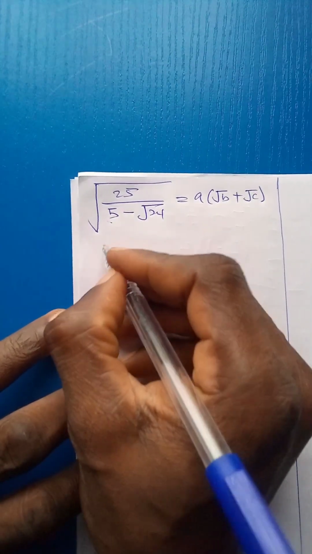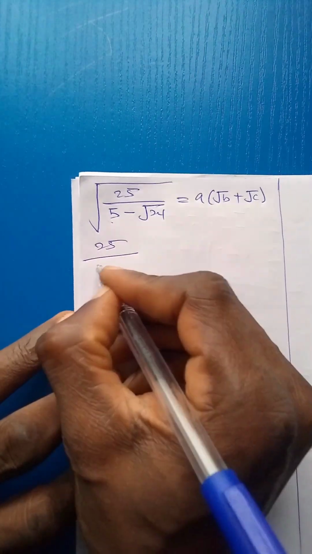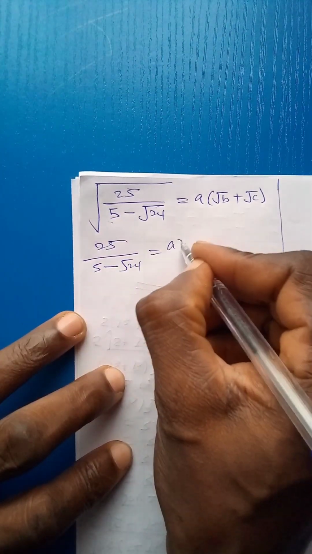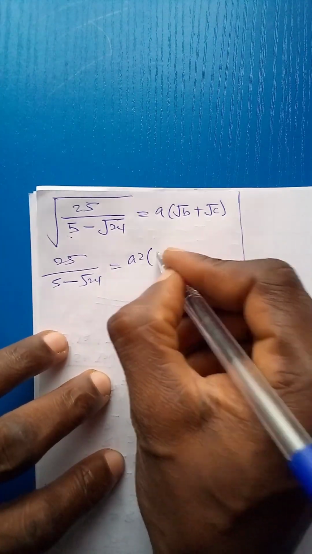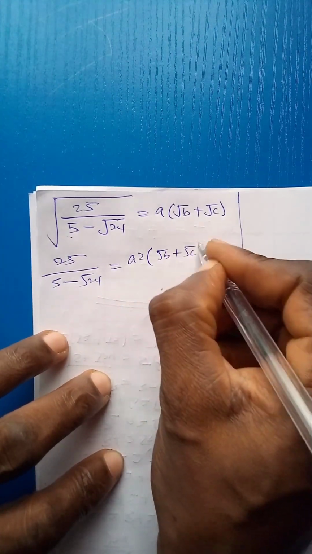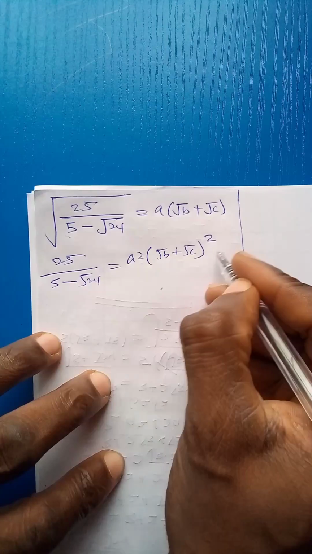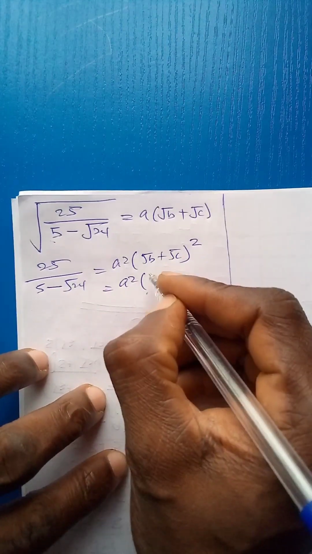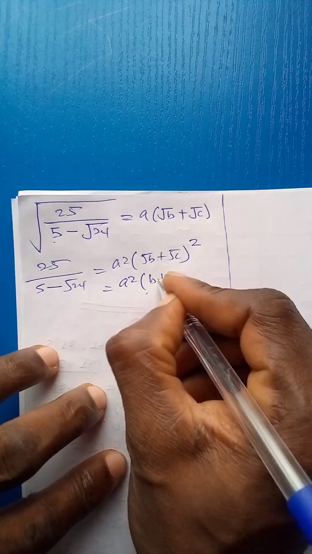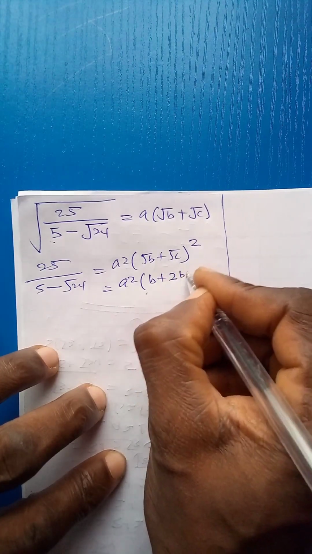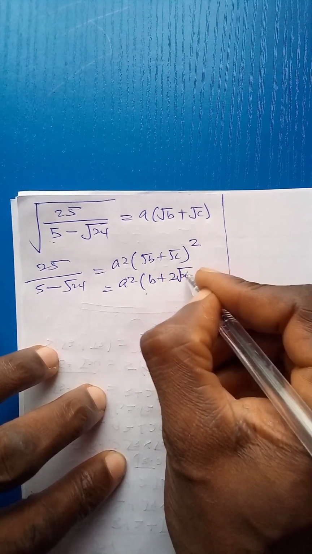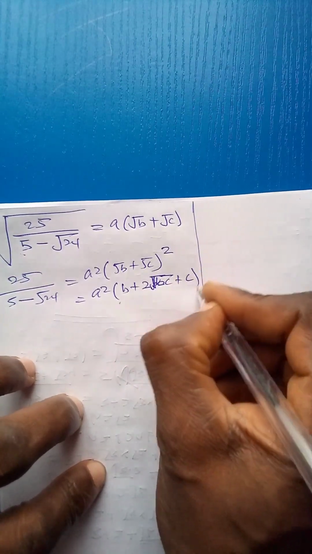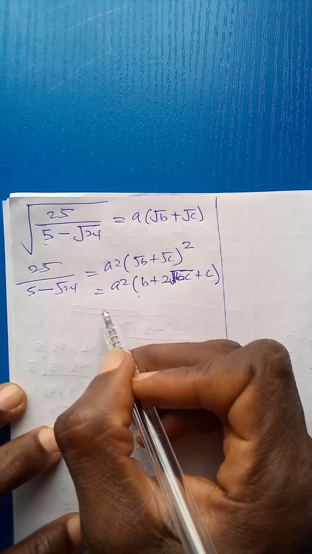If I square both sides, I have 25 all over 5 minus root 24 is equal to a squared times (root b plus root c) raised to power 2. Expanding this, I have a squared times b plus 2 root bc, then plus c. What then are we going to do?